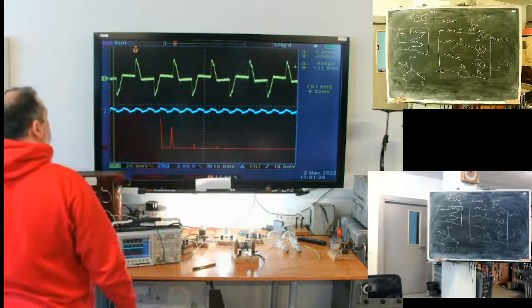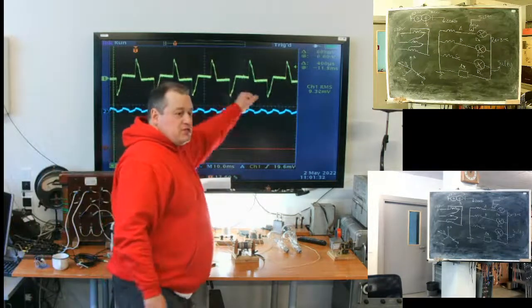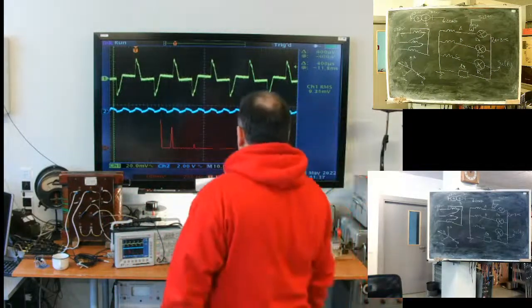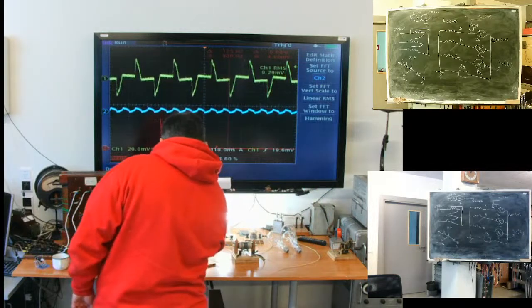This one is truly effective. But what's the shape of this current? It's the A phase.